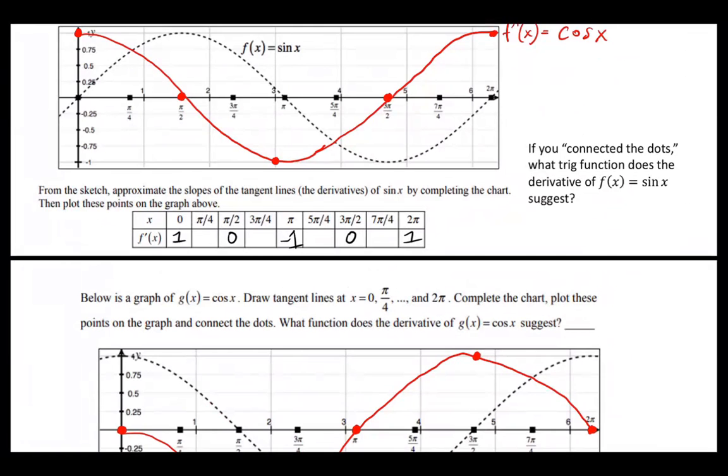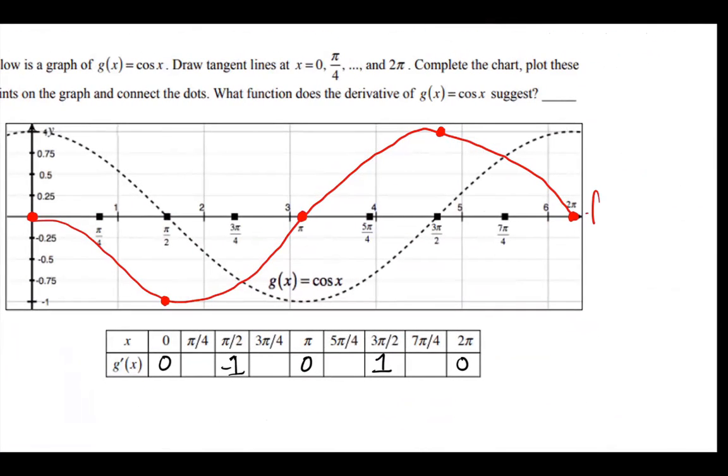So the derivative of cosine is negative sine, or -1 times sine. That means the opposite: if sine's going up, this one's going down. If this one's going down, sine's going up.